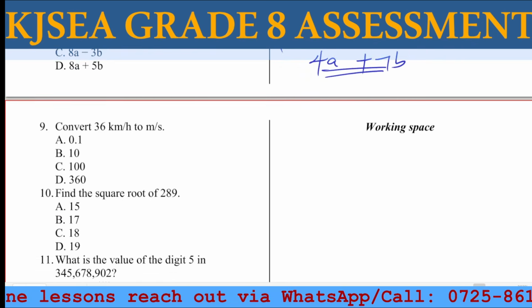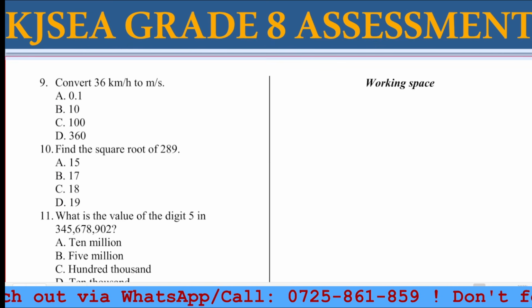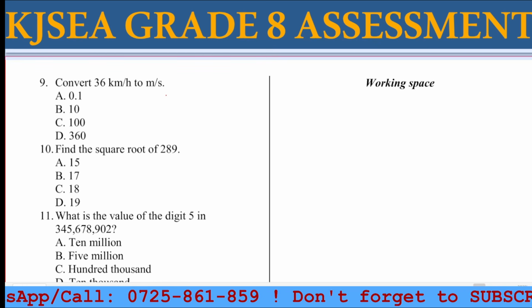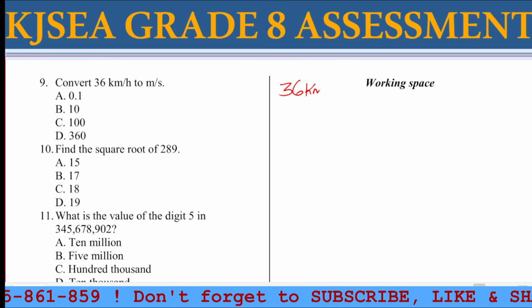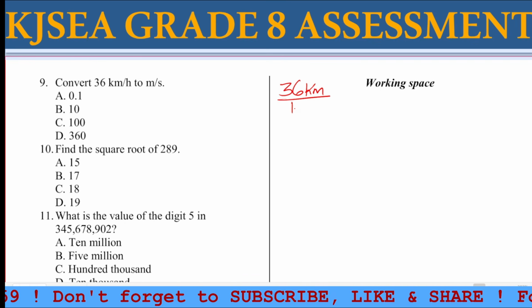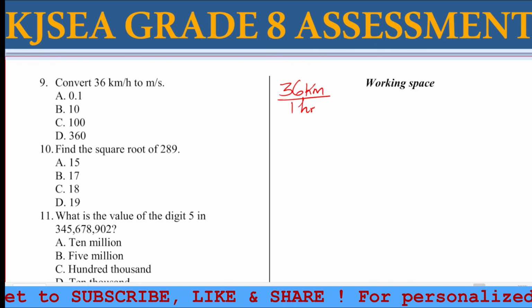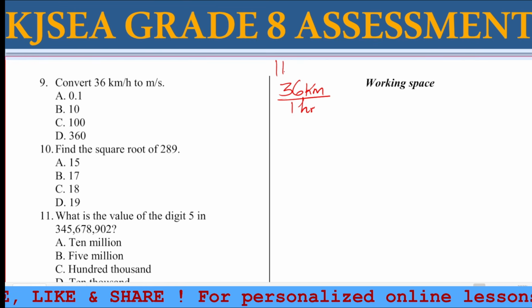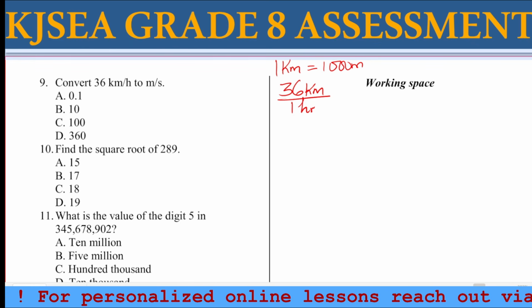Go to question number 9. Convert 36 kilometers per hour to meters per second. So this is how we go about it. That is 36 kilometers per hour, which means 36 kilometers divided by 1 hour. What you need to do is convert kilometers to meters. 1 kilometer is equivalent to 1,000 meters.